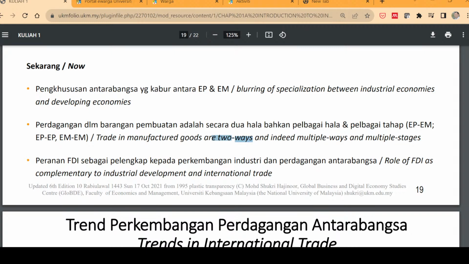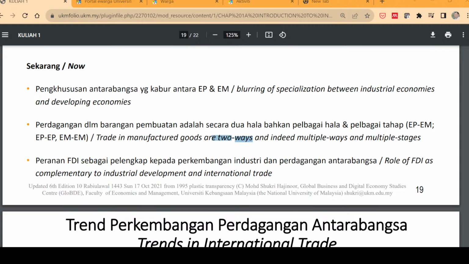Now developing economies also, many, many ways, among themselves: Malaysia to Thailand, Thailand to Malaysia, Malaysia to China, China to Malaysia. Including the one mentioned earlier, going to developed economies, Malaysia to United States, Malaysia to Europe, and also Europe to Malaysia, United States to Malaysia. So multiple ways.